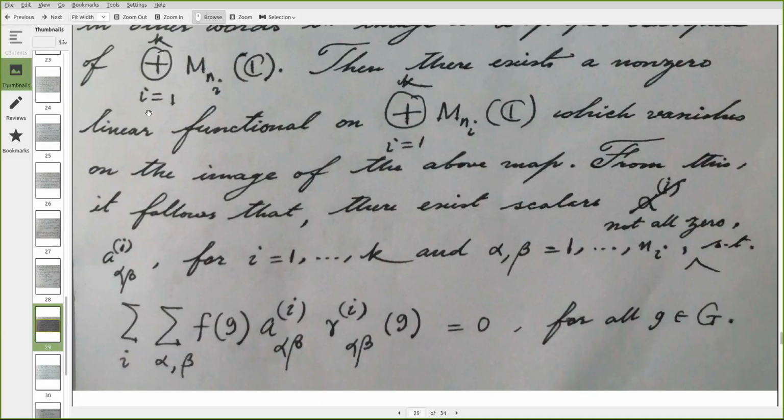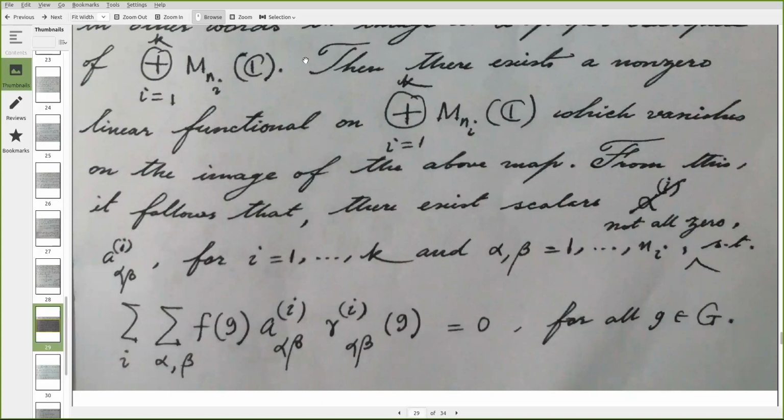It means there will be scalars a1 up to am such that the map will send each tuple (z1, ..., zm) to z1 a1 + ... + zm am, for every tuple z1 up to zm. And if the map is non-zero, then all the a_i cannot be zero.